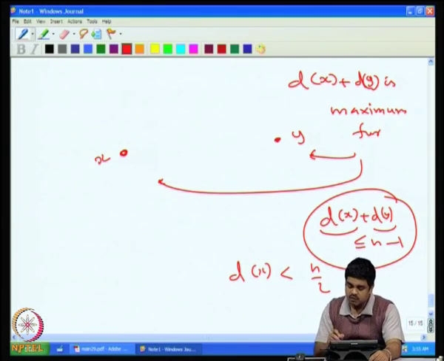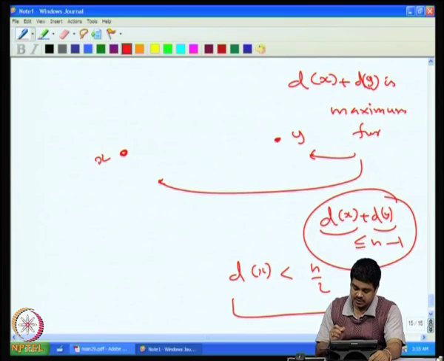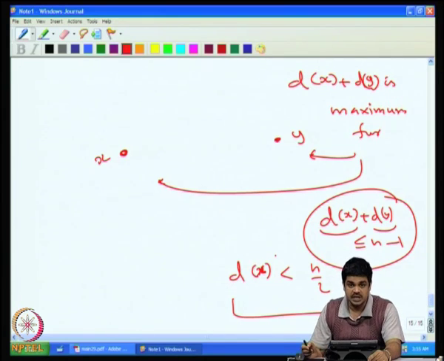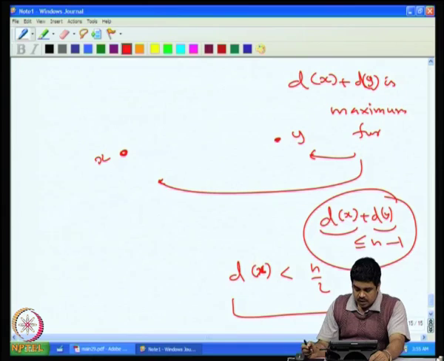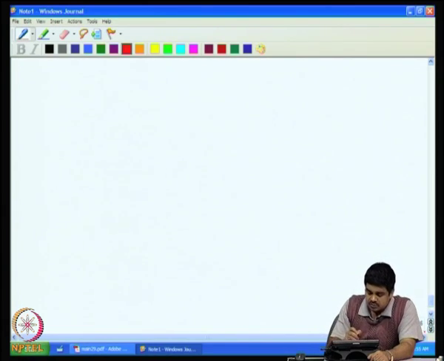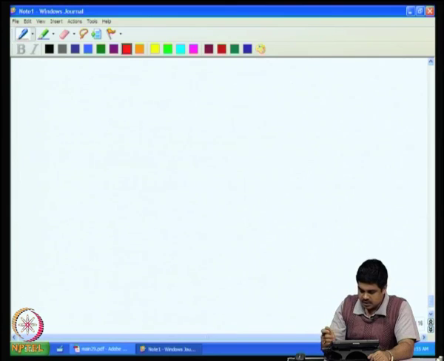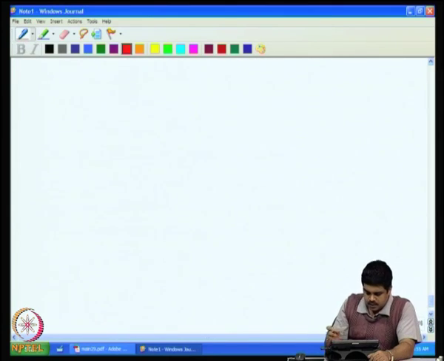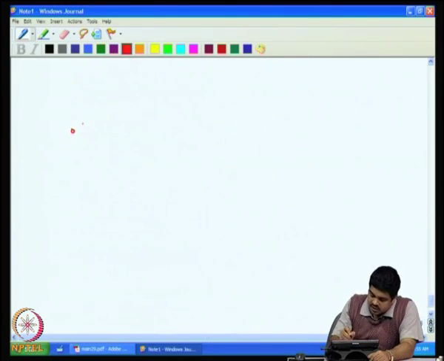So, without loss of generality, let us say x is the vertex with the smaller degree, and then d(x) is less than n by 2. Now, let us see whether d(x) will satisfy the Chvatal condition or not.